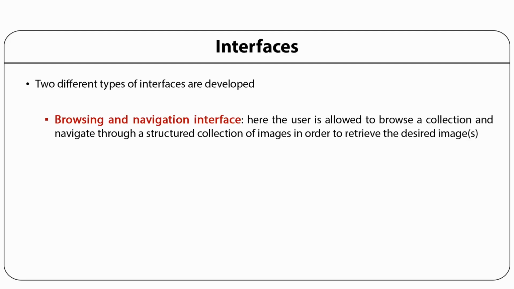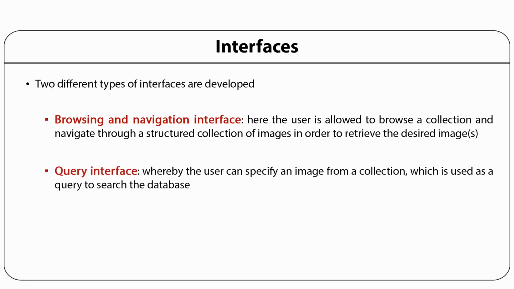For example, an interface is provided where a large collection of images is available to the user, from which the user selects a particular image. Another is the query interface, whereby the user can specify an image from a collection which is used as a query to search the database. So in this, the user selects an image from the collection, and that selected image is used as a query.